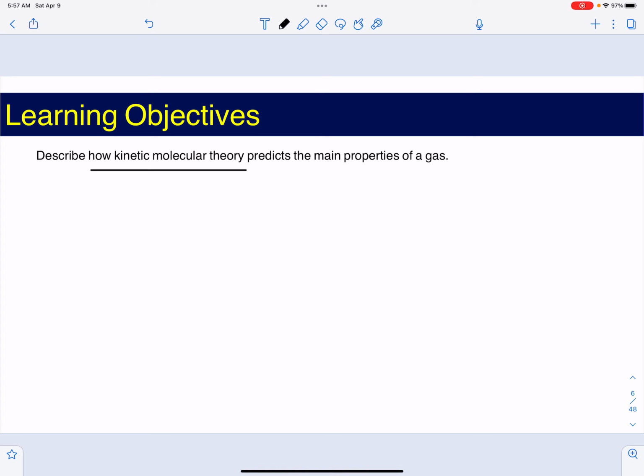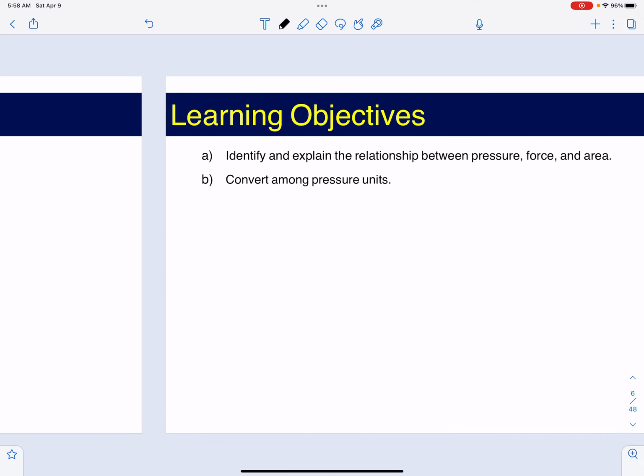And you should be able to use those postulates to explain, for example, why a balloon will get bigger when you increase the temperature, talking about kinetic energy of the particles and so on. So we're ready to move into a new topic.